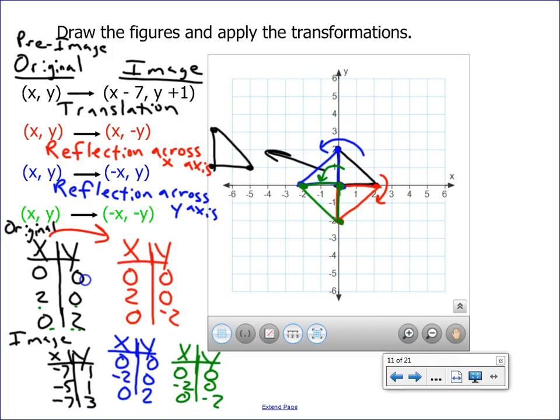Rotates about the origin. So we could say it's a 180-degree rotation around the origin. Remember, the origin is 0, 0. Okay? So those are some examples where we're using the coordinate plane.